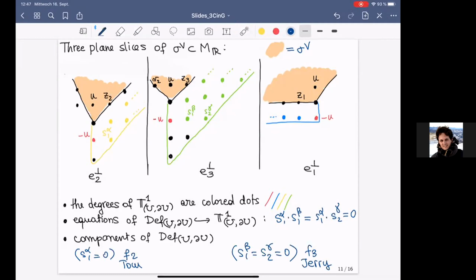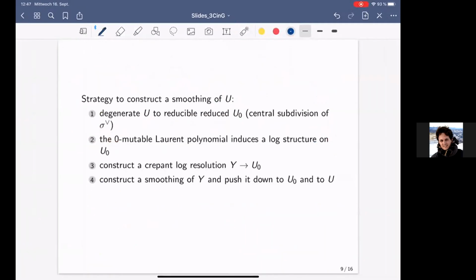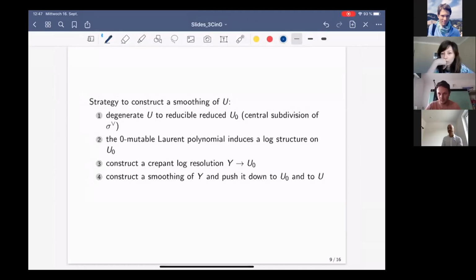Now I want to sketch briefly a way to prove this kind of thing. So the strategy to construct a smoothing of U is, first, you degenerate U to a reducible reduced U0 by centrally subdividing sigma dual. This is basically the Mumford degeneration or Gröbner degeneration. Second, the choice of a zero mutable Laurent polynomial induces a log structure on U0.